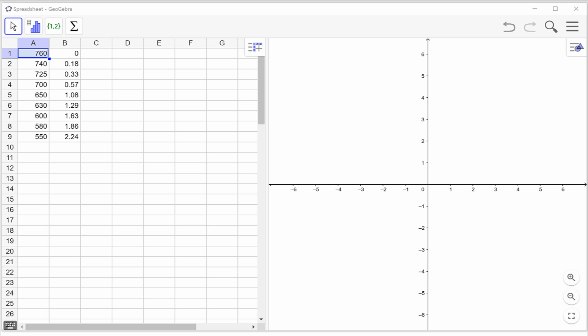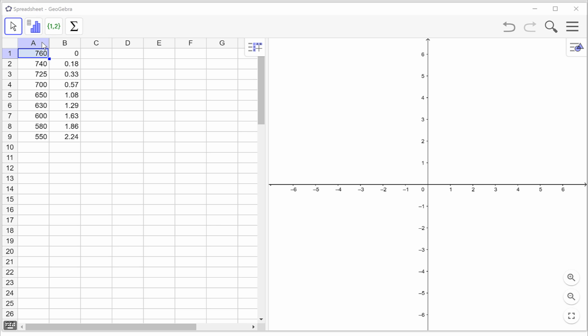Okay, so here we are. We got our data typed in. So at ground level, the atmospheric pressure is 760 millimeters of mercury, and then 2.235 kilometers in the air, the atmospheric pressure has dropped to 550, and then we've got some data in between.